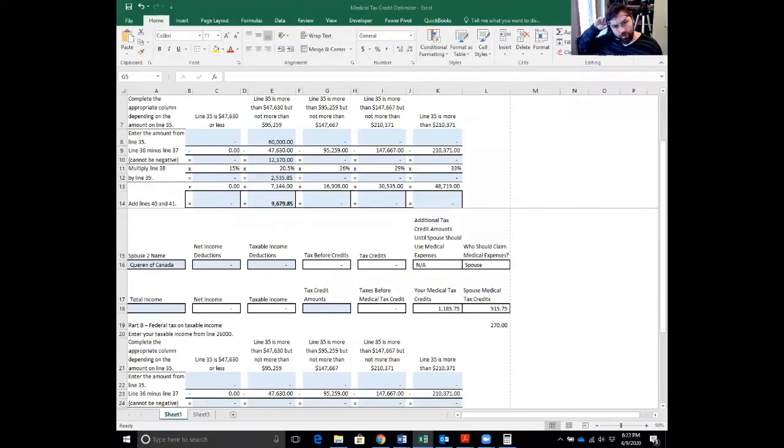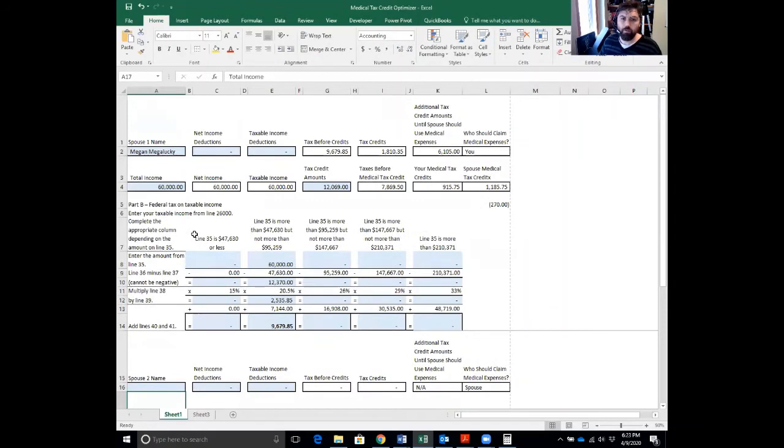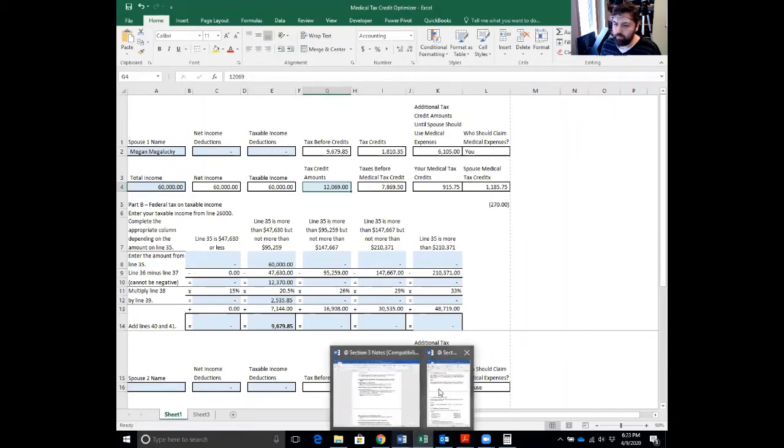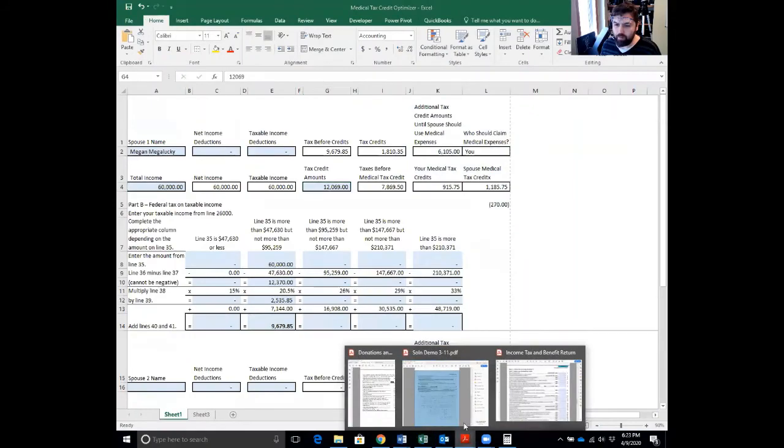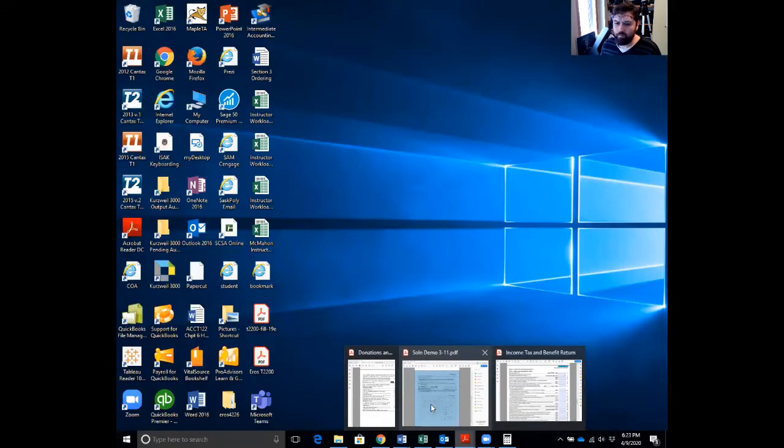Okay, so what I want to do now at this point is take a look at Megan's tax credits. So I'm going to assume that she gets the basic personal amount of $12,069, and we calculated on her donations form here, donations and gifts.